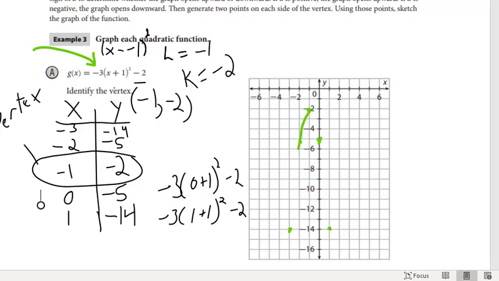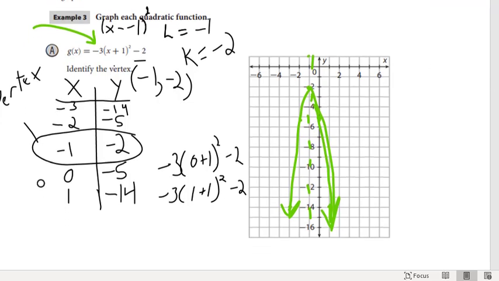All right, sketch the curve. And I didn't draw it great, but we get the general idea. We do have axis of symmetry. It does look very skinny. It is pointing down like it should, and it did move over left 1 and down 2.